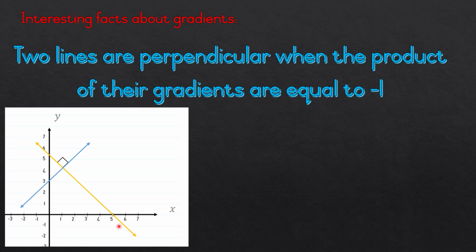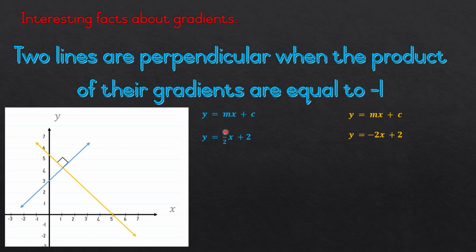If we look at these two graphs, we've got yellow and blue. It is indicated to us that they are perpendicular. So let's see. I've just made up two examples of formulas. If we look at these two formulas, here I have a half for m, and there I've got -2 for m.